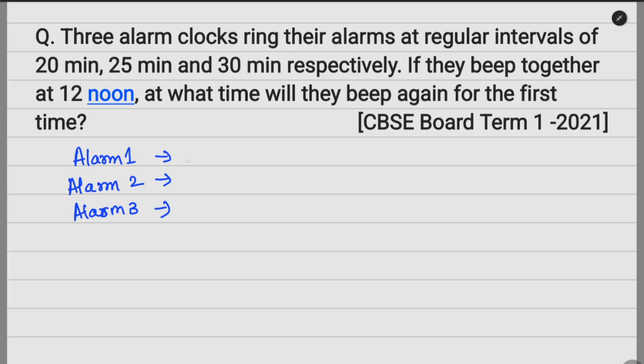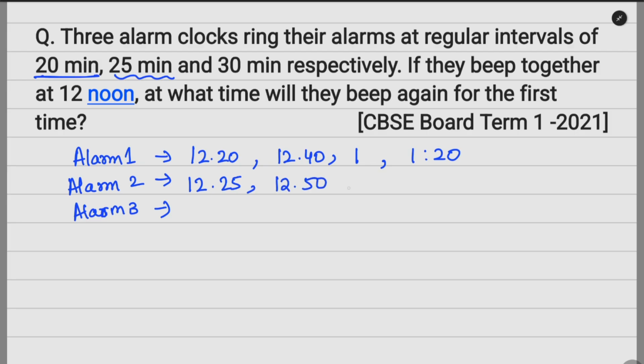After 12 noon, when will the first alarm ring? It will ring at 12:20, then at 12:40, and then at 1 p.m. and then at 1:20, in intervals of 20 minutes each. The next alarm clock will ring in the interval of 25 minutes. So after 12 o'clock, the second alarm clock will ring at 12:25 and then 12:50 and then 1:15 and then 1:40.